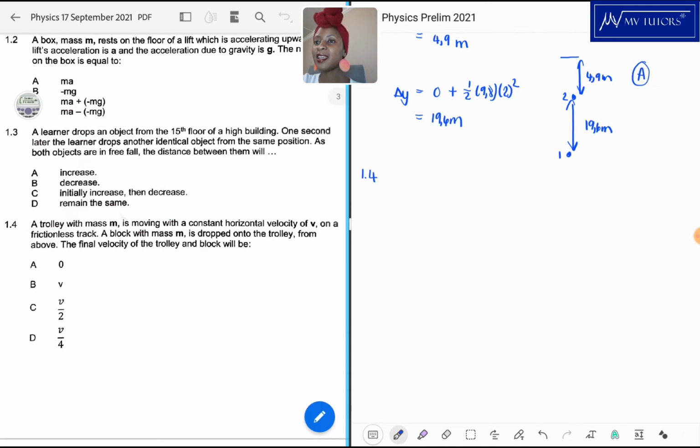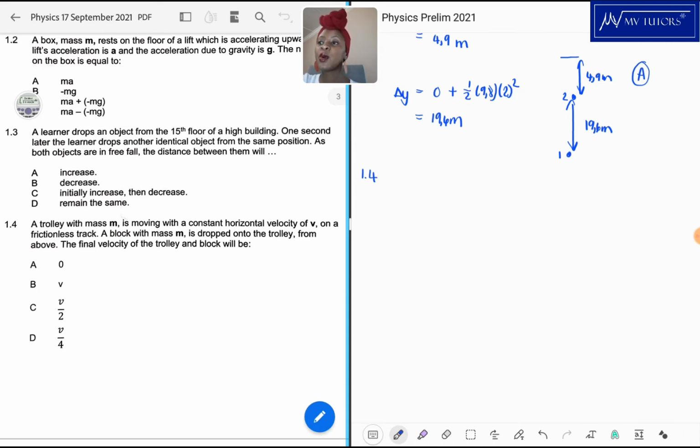All right, so a trolley of mass m is moving with a constant horizontal velocity of v on a frictionless track. If you have constant velocity, there's no acceleration.